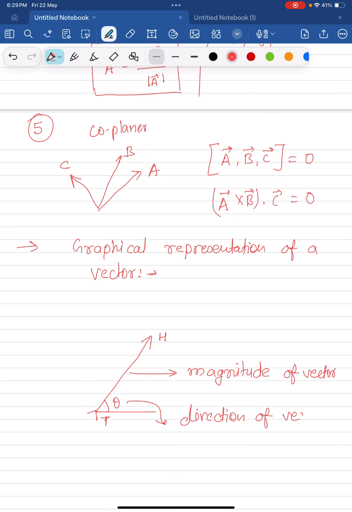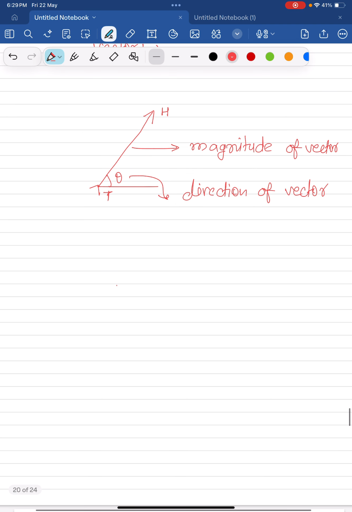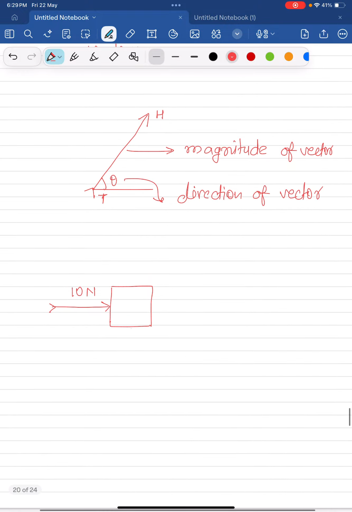Suppose there is a body and we are drawing an arrow of length, suppose, 10 centimeter. So we can say a 10 Newton force is acting on this body and the direction of the arrow is towards the right.